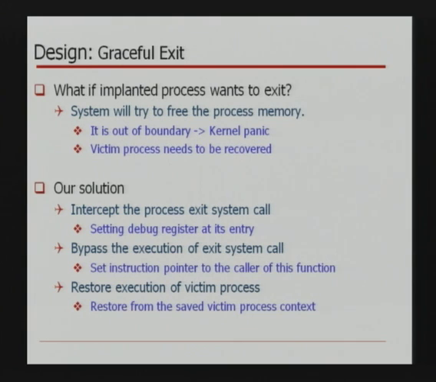It means that we can set the instruction pointer to the caller of this function, just as if it stepped into the function, but without any execution, and stepped out of it. And then we will restore the execution of the victim process from the saved victim process context.